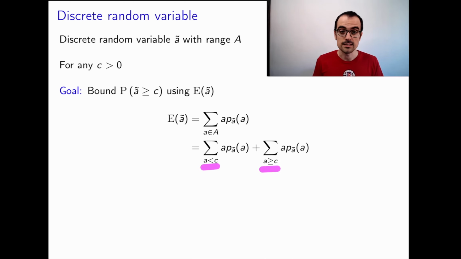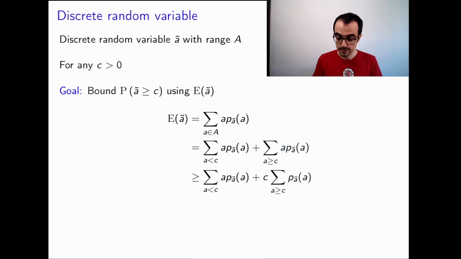For those that are greater than C, we realize that we can actually lower bound this value A by C, but just for those. If we do that, we obtain this inequality where the whole mean is lower bounded by the part of the sum that corresponds to values smaller than C, and the part of the sum that corresponds to values greater than C, where we have replaced A by that constant.